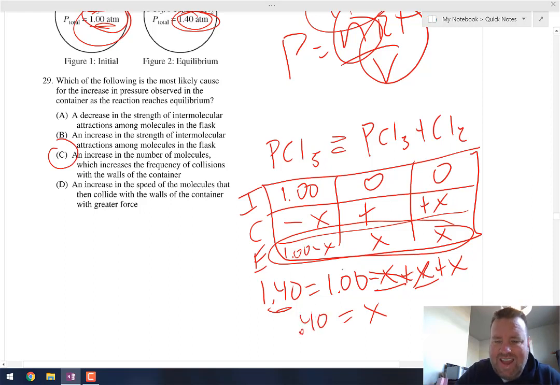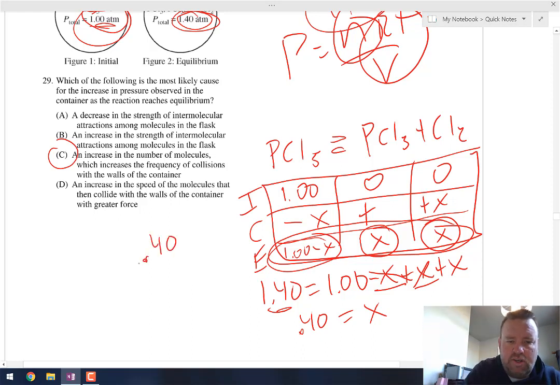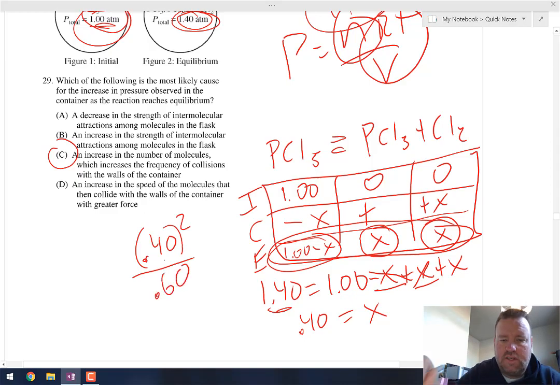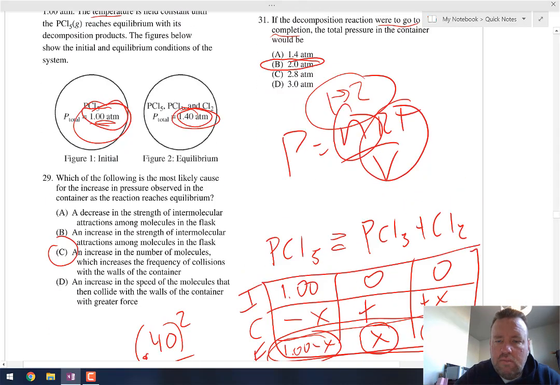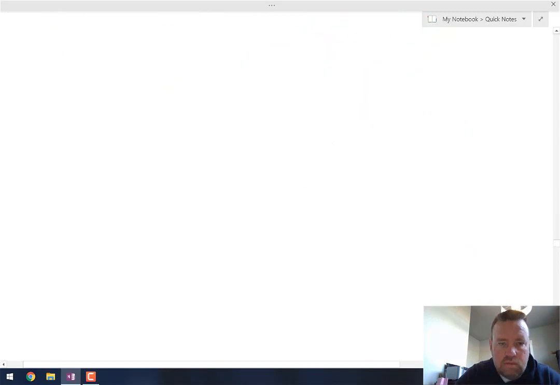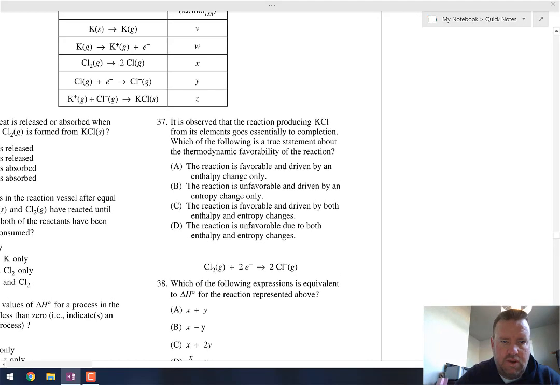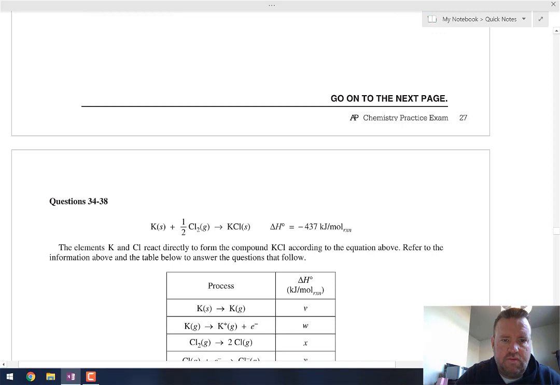So that means that at equilibrium, this value is 0.4, this value is 0.4, and this value is 1 minus 0.4, which is 0.6. So we're going to have 0.40 squared over 0.60. Okay? So let's see, what are our choices here? Whoa, went a little too far there.